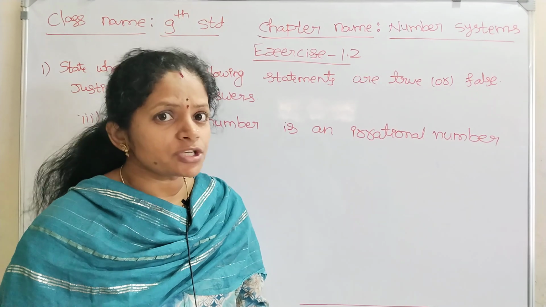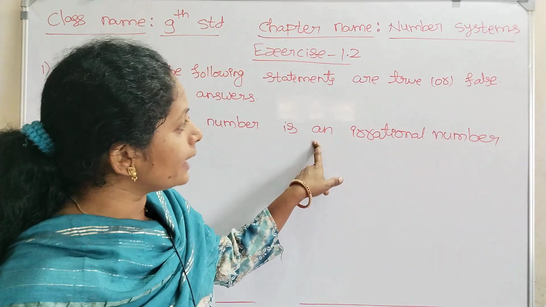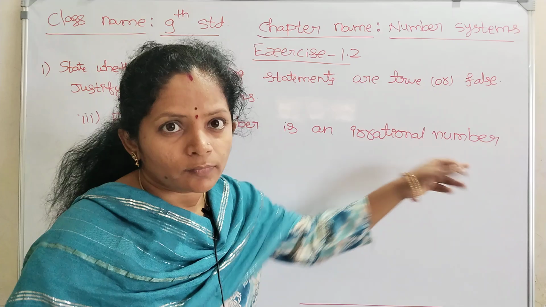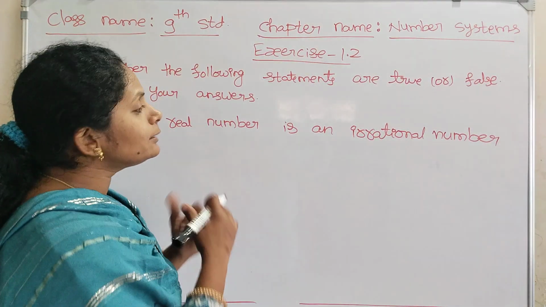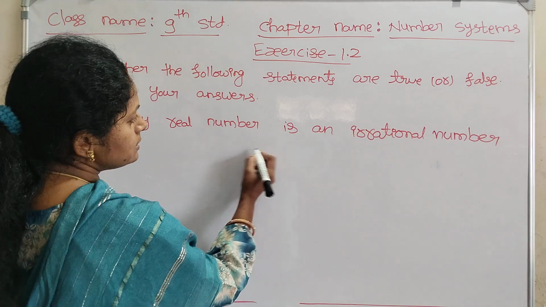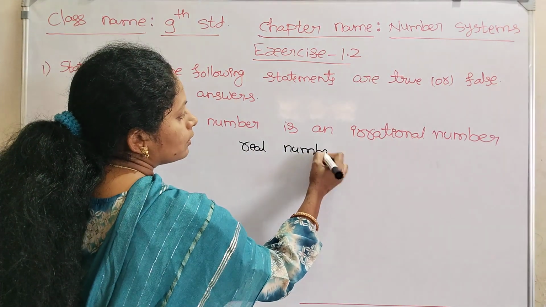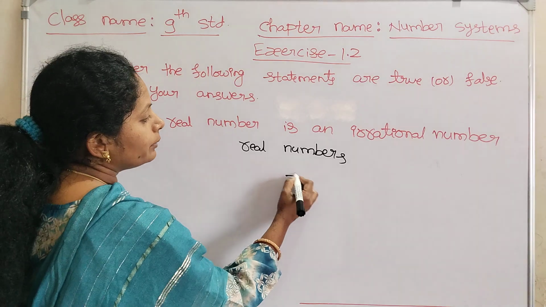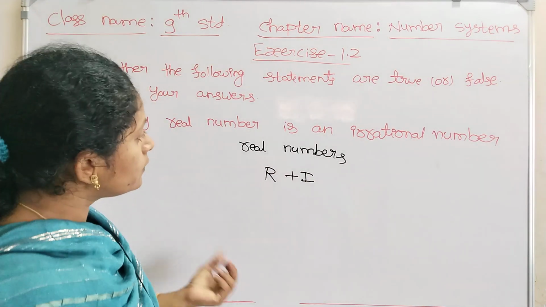Let us discuss question number 3. Every real number is an irrational number. Is it true or false? Let me tell this. Real numbers are the combination of rational and irrational numbers.